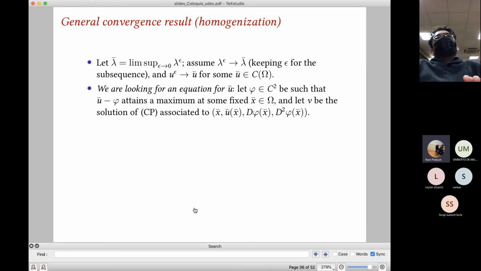This is a simplification of the actual argument, but an even greater simplification would be to assume that everything is smooth, right?